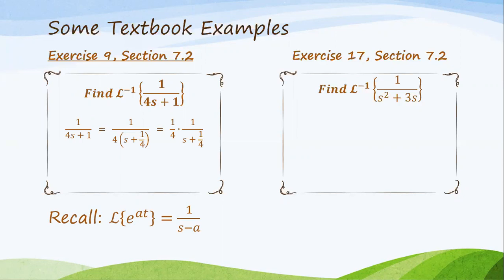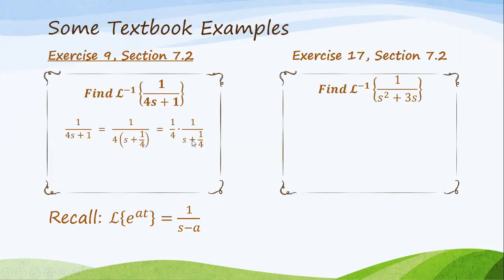So therefore, it would follow that if we let a be minus 1/4, then e to the minus 1/4 t would have transform 1 over s minus negative a fourth, or 1 over s plus a fourth. So that means that this rational function here is the transform of e to the minus 1/4 t.